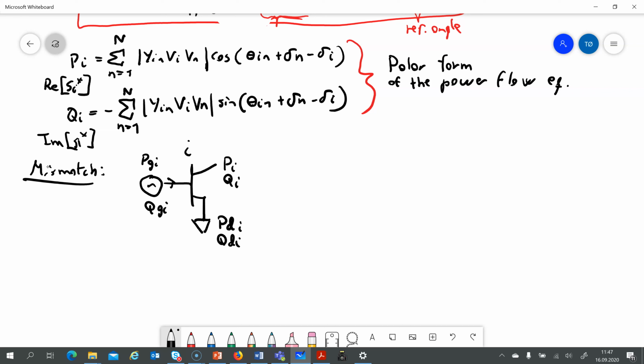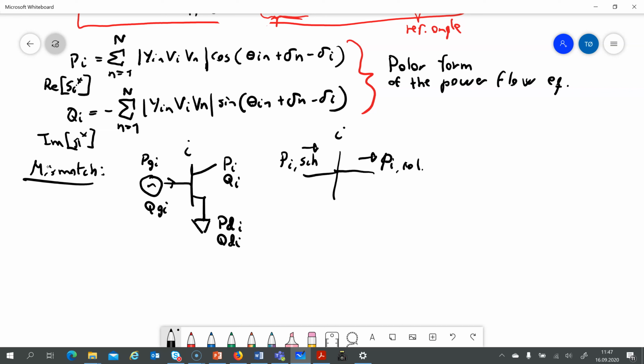And on that bus, if you look closer at this bus i, we can call it Pi scheduled, the value entering. And we can also have what we call Pi calculated, cal.